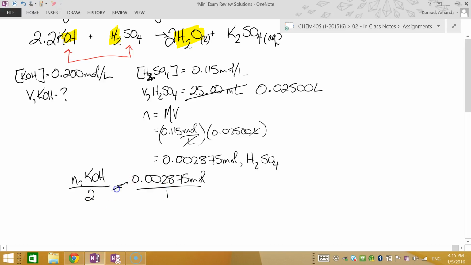If I cross multiply, I've got 1 times the moles of potassium hydroxide, which is just the moles of potassium hydroxide, so that stays the same.